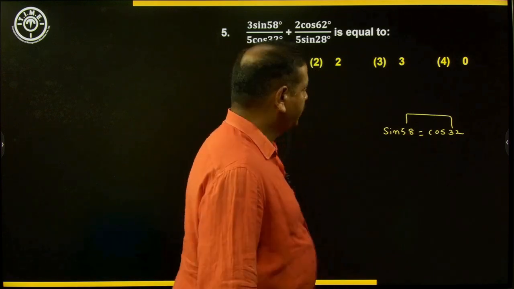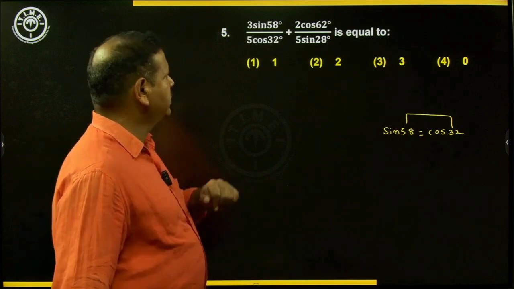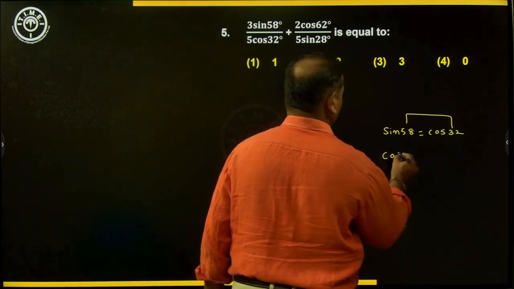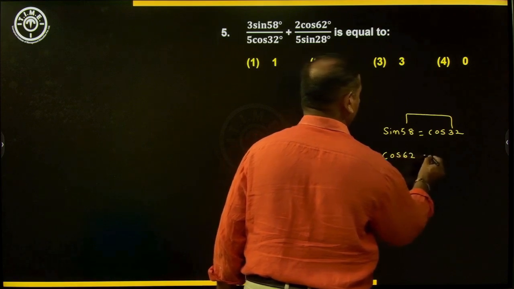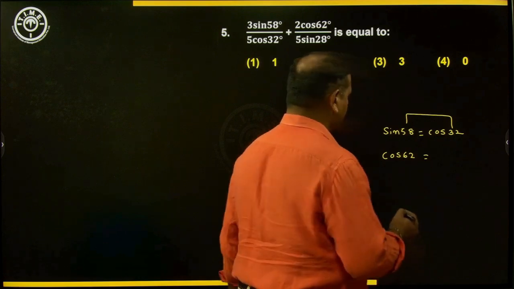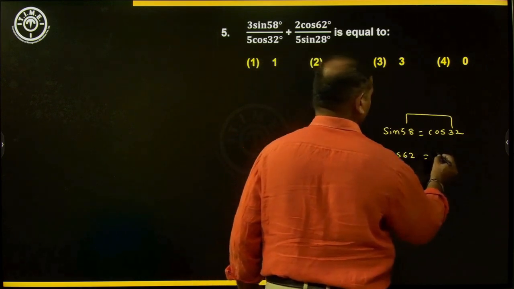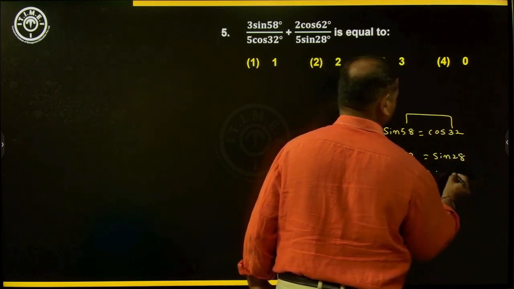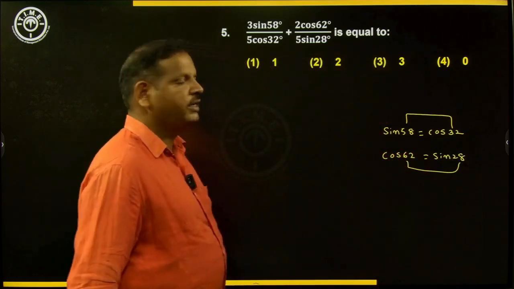So in place of sin 58, we can write cos 32. In the same way, in place of cos 62, what can you write? Complementary angles, the two angles together should be 90. Is it sin 28? Yes, because these two together are 90 degrees.